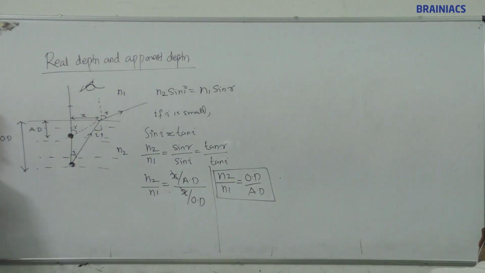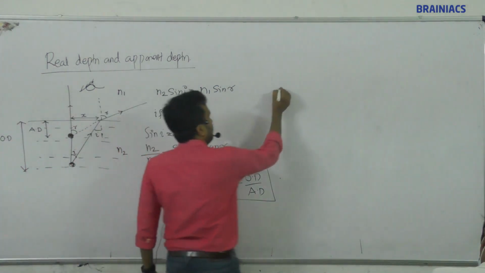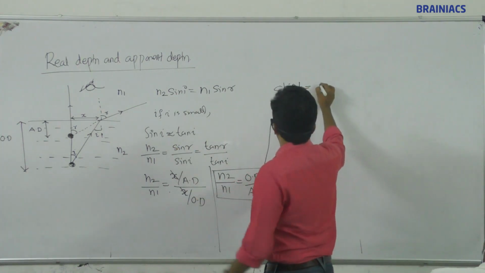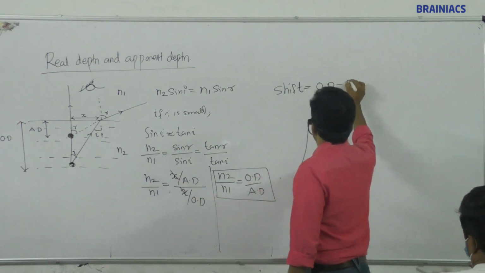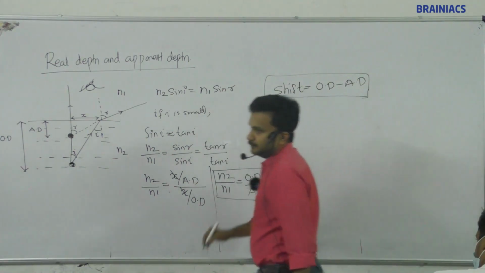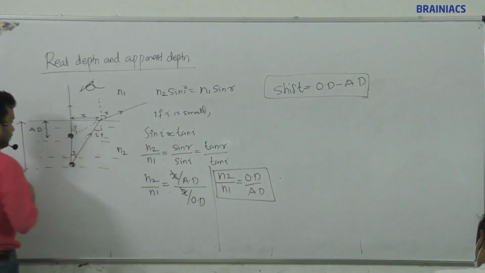One more additional parameter I have to say. This difference, right, this is called the shift. Then you can write it. It is equal to what? OD minus AD. Just remember in case they ask. Okay, so this is the shift you feel, correct?